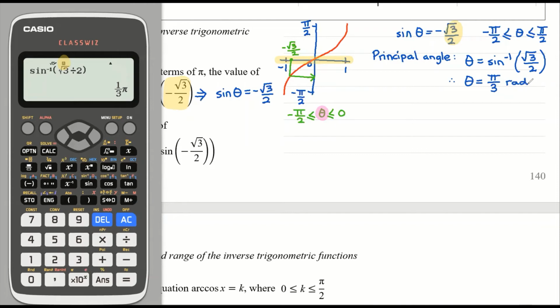Now then, if you look at the diagram that we drew for the arcsine graph, you can see that this can't possibly be the correct answer. We already stipulated that the answer has to be somewhere between negative pi over 2 and 0. So this is where the CAST diagram comes in.